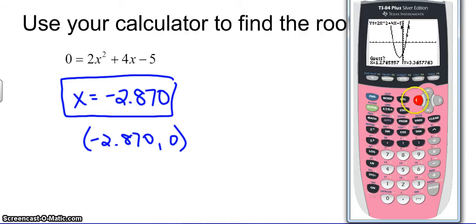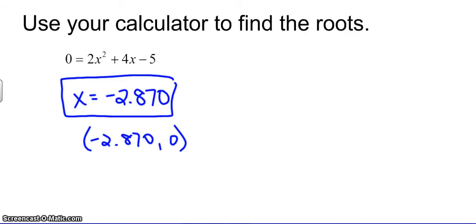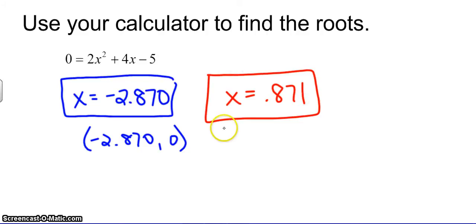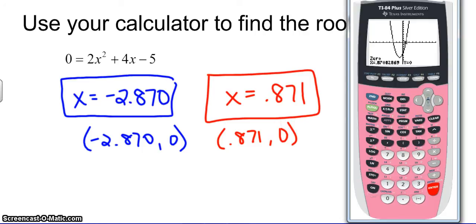So I need to guess somewhere close. And it is at 0.871. The other one might have needed to be rounded too. I apologize for that. 0.871. So you could write your answer as 0.871, comma, 0. Okay? Let your calculator do the heavy lifting for you.